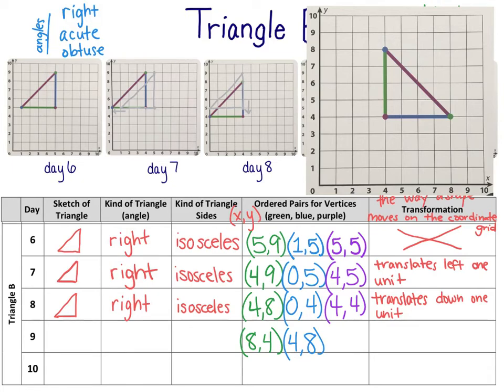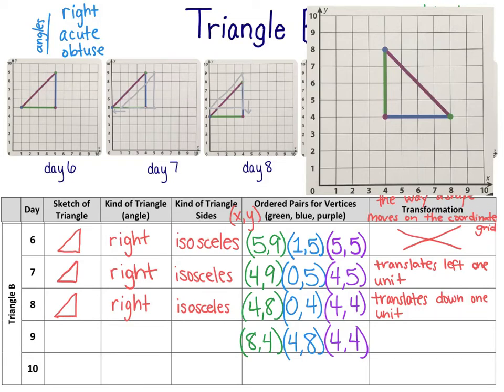Now the purple point. On the x-axis, it is at 4, and on the y-axis, it is at 4, which is the exact same place that it was on the last day, on day 8.